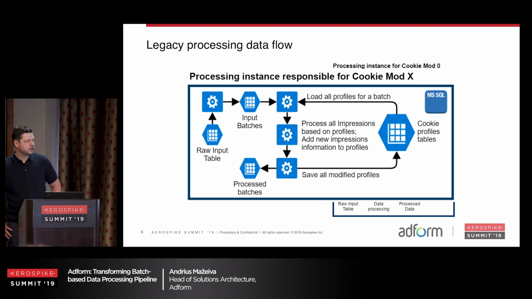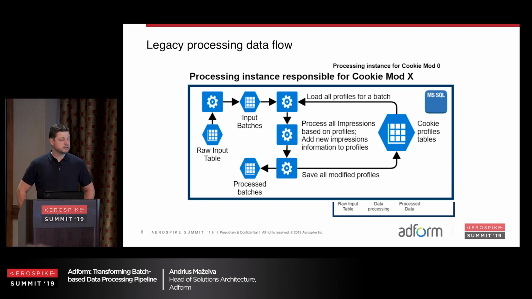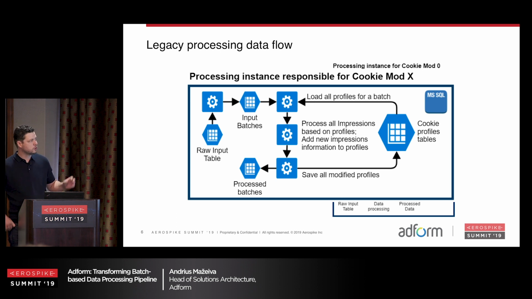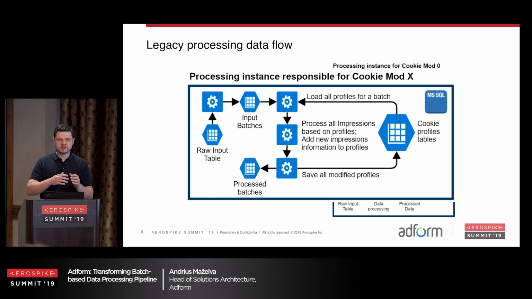For each batch, we have the processing, which collects all individual cookies from the batch and loads all the profiles from the cookie profiles tables from Microsoft SQL Server. After that, it processes all impressions based on profiles. This means it looks at the history and attributes whether the impression is unique or not, and saves the new information to the profiles to be able to attribute future impressions.